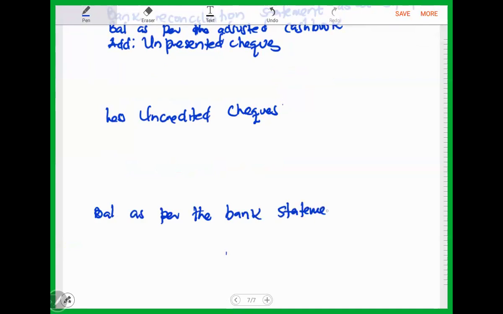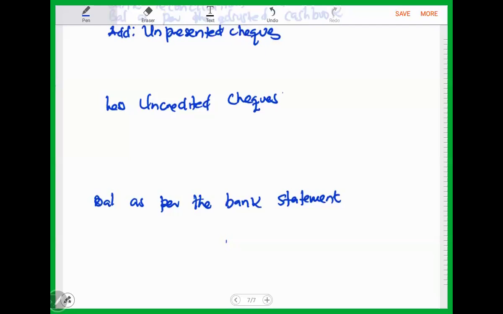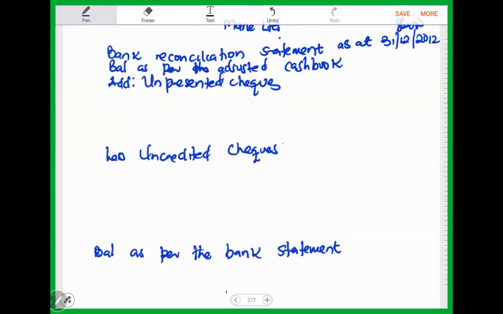So let's try to look at the notes. Note number 1, check amounting to shillings 5 million paid to the supplier had been entered in the cash book, but had not yet been presented to the bank for payment. So in the cash book, we showed that there is money which actually moved out, but we ended the period only to check this money.